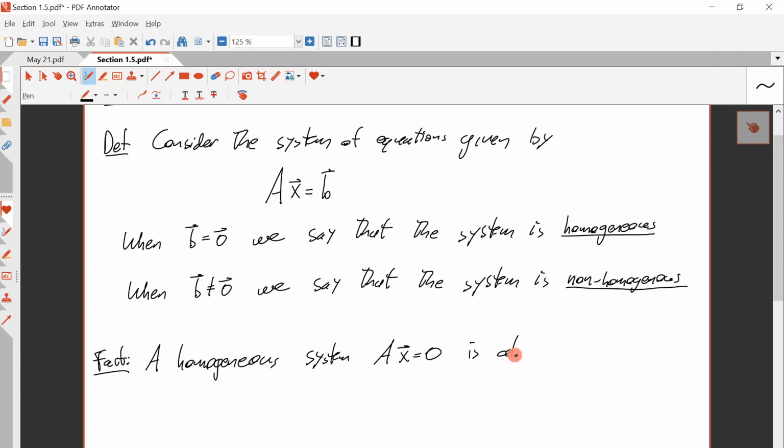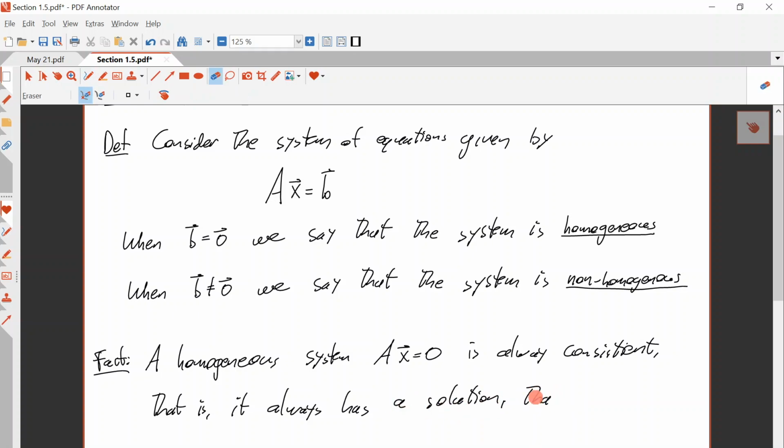In other words, it always has a solution. Which solution is that? x equal to 0 is the guaranteed solution.